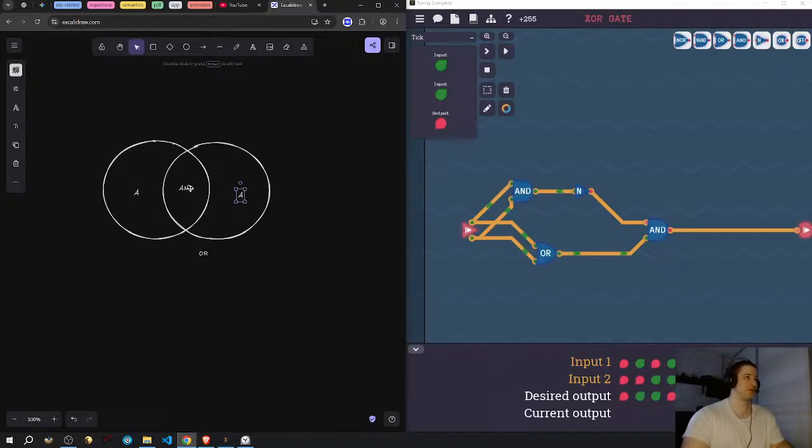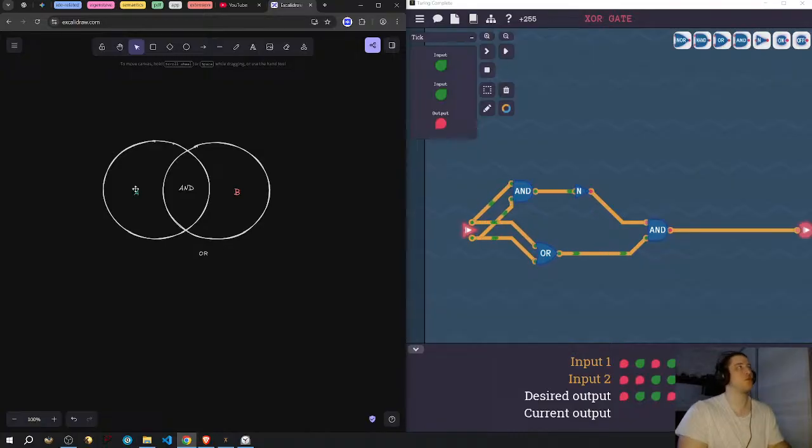Because the first one filtered for this one, and the NOT is basically inverting, so you get the other ones. And this one will be the full thing. So on this AND gate, you're getting the full thing, and this and this. And both of them have to be true to pass.